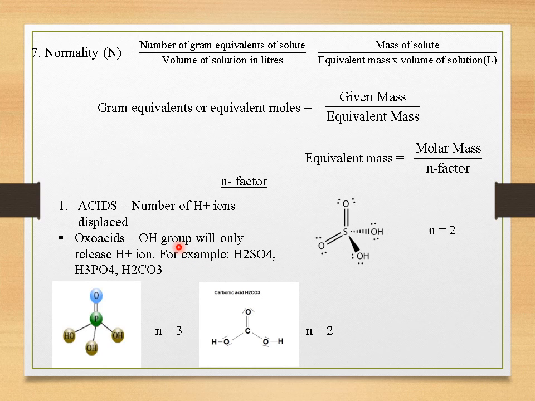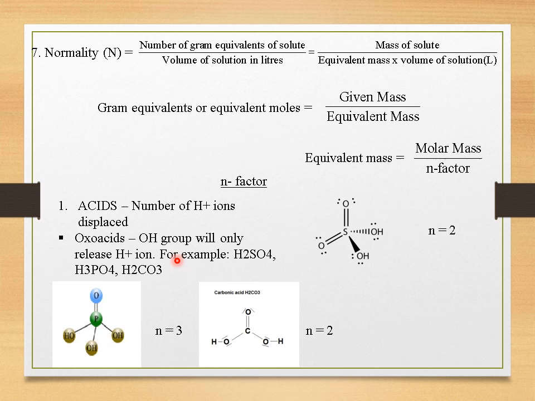In oxo acids, the rest of the valencies are fulfilled by OH groups, and the OH groups are the only ones which are going to release the H+ ions and get displaced eventually. So the number of OH groups decides the value of the n factor in oxo acids.